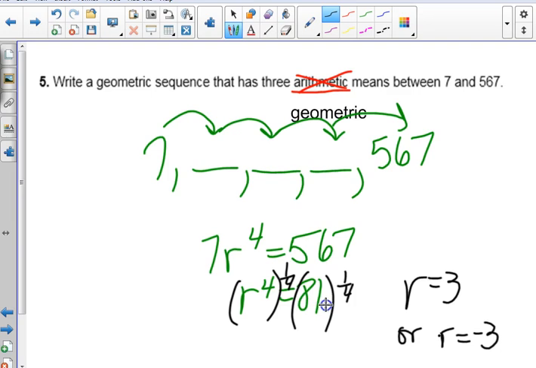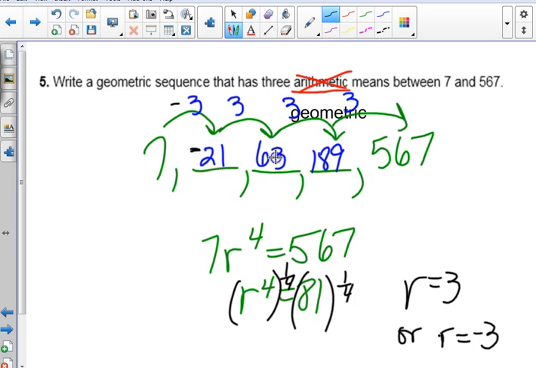I would accept both. I'm not going to say you have to have both. How's that? Okay. If you multiplied by 3, you'd get 21, 63, and 189. How did I do? Someone checking me? What if I changed it to -3?